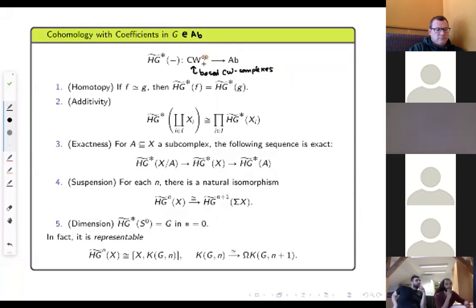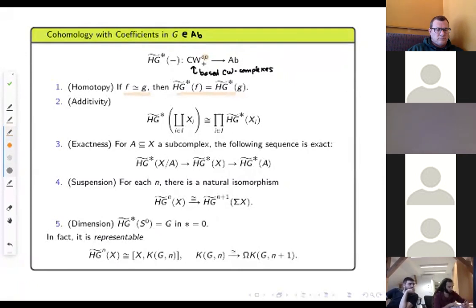Ordinary cohomology satisfies a list of axioms. For example, it's homotopy invariant: if two maps are homotopic, then they induce the same map on cohomology. There are other axioms, so I'm just putting them there. If you've seen this, you should glance at them and recognize this list.